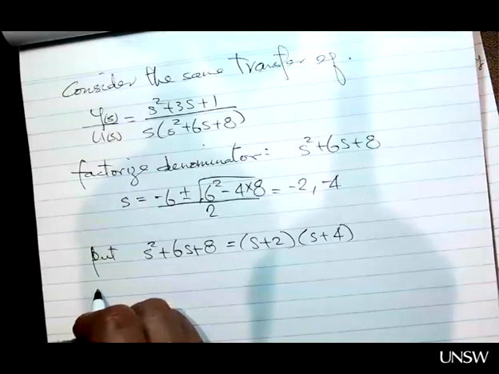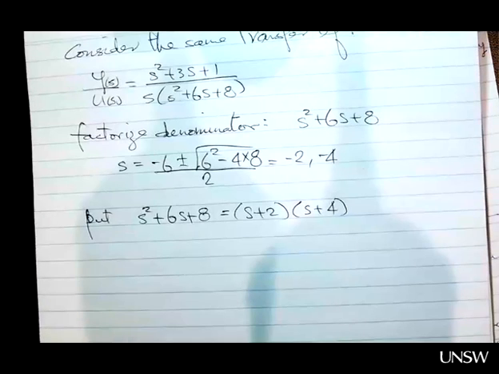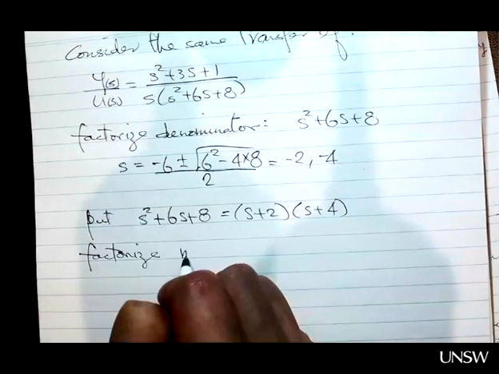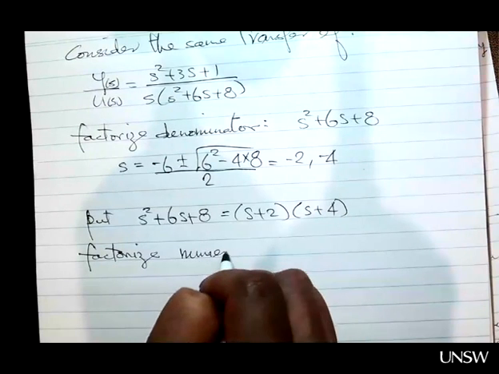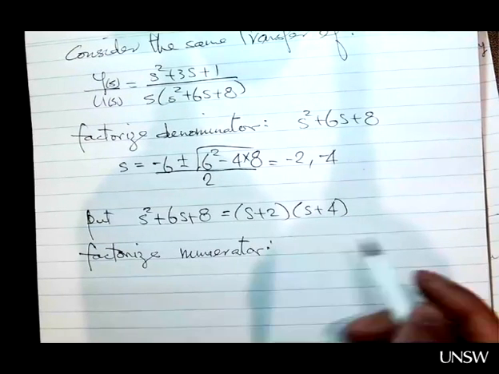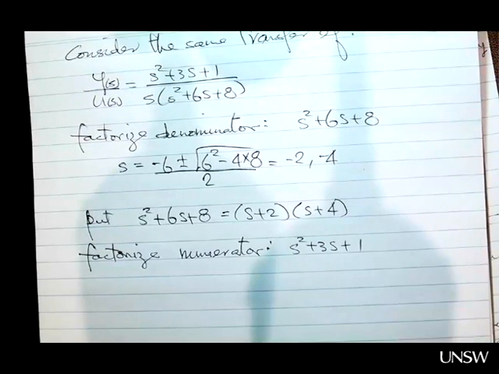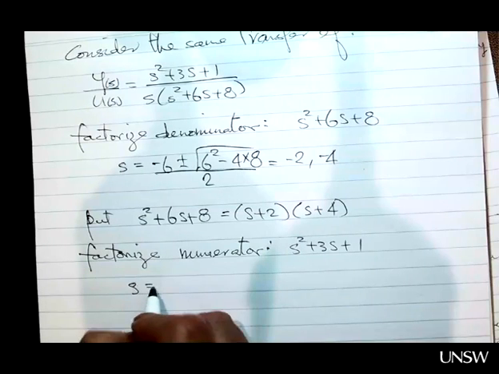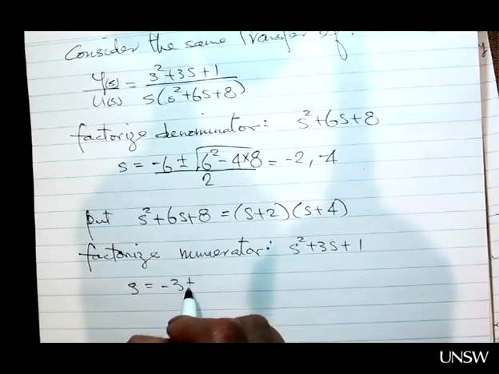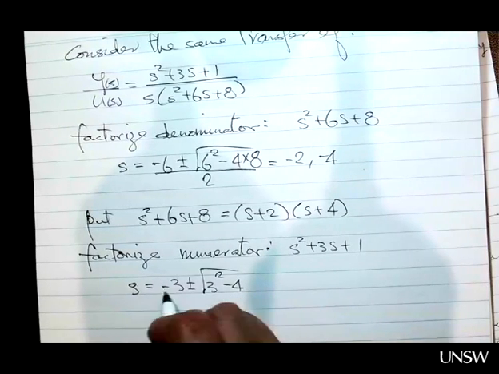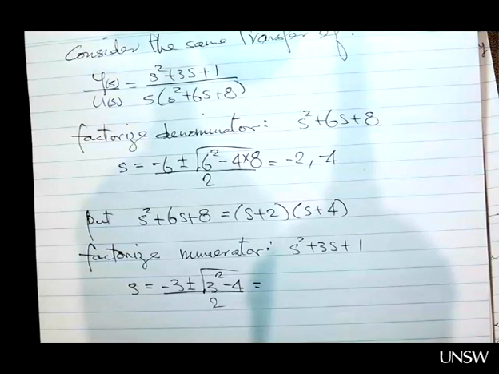So we can also factorize our numerator. This part is s squared plus 3s plus 1. Then s equals minus 3 plus or minus the square root of 3 squared minus 4. So for this expression, the result is a bit complicated.